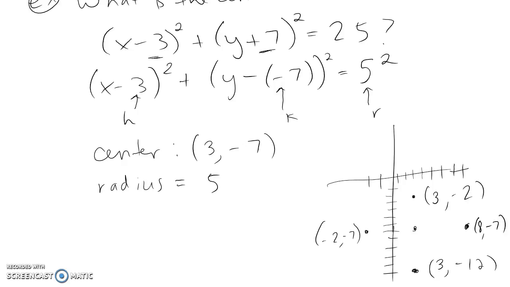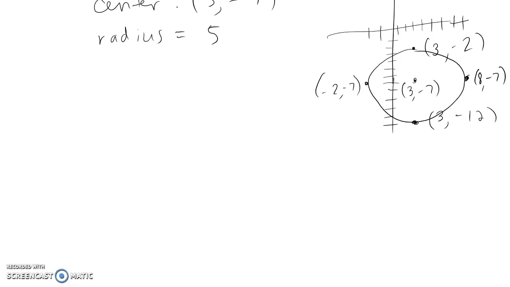Then we do our best to draw a circle. My circles aren't very well drawn, so I don't expect yours to be either. But as long as you have the points marked and labeled correctly, then that definitely is the circle.